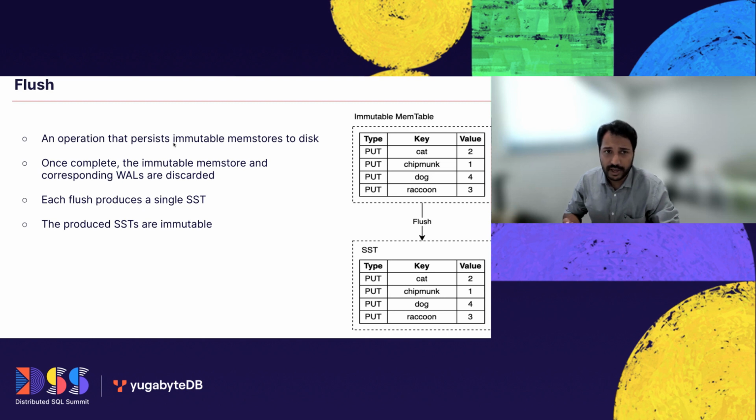Every time that happens, there is a trigger that triggers the flush operation. And that flush operation converts this immutable memtable into something called an SST file. Now, each flush produces a single SST file for one memtable, and these produced SST files are also immutable, which means no changes can be performed on these SST files.